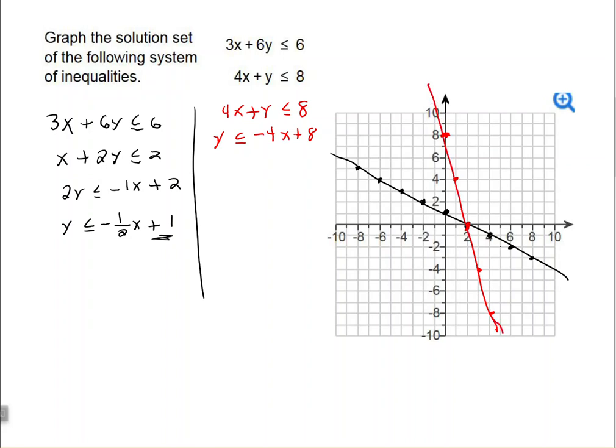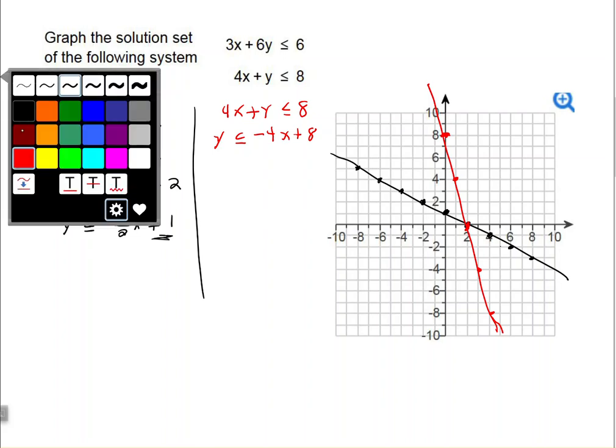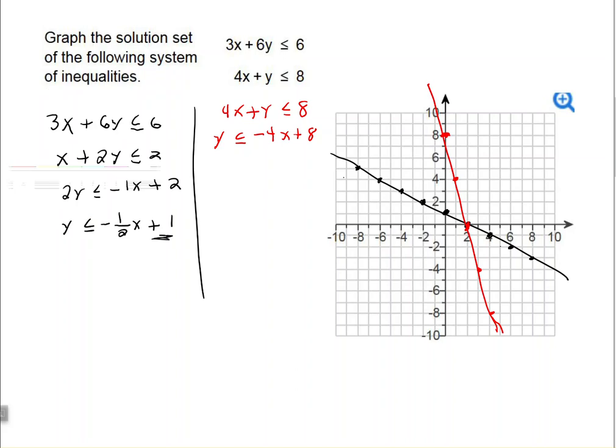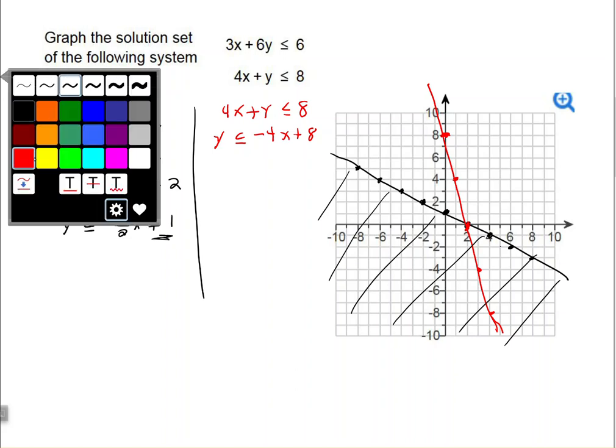Okay, now the first inequality says y is less than, so I know I need to shade below that line. The second line also says y is less than, so I would shade below that line.